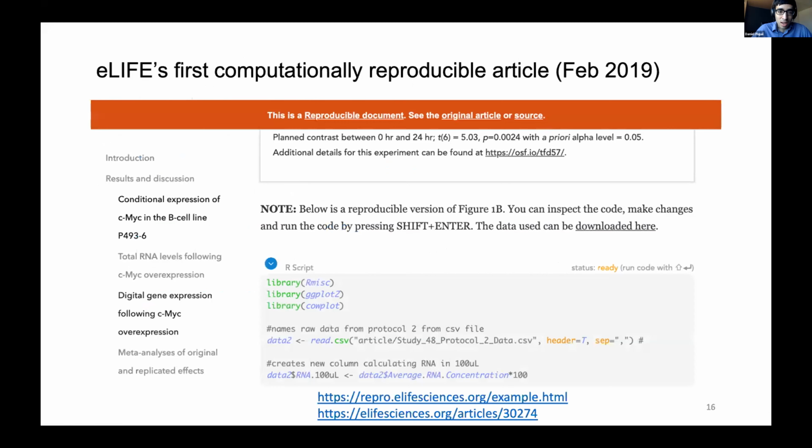And finally, I also thought it was interesting that eLife is now starting to produce these computationally reproducible articles, where you have R scripts embedded within the papers themselves, and you can actually go in and edit and change the code and the outcomes in real time.